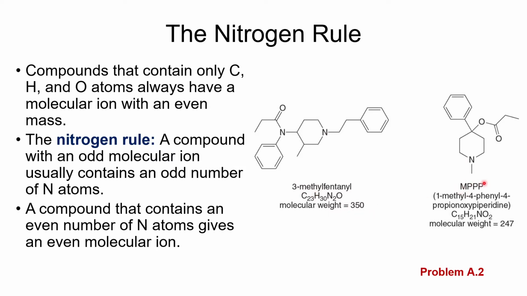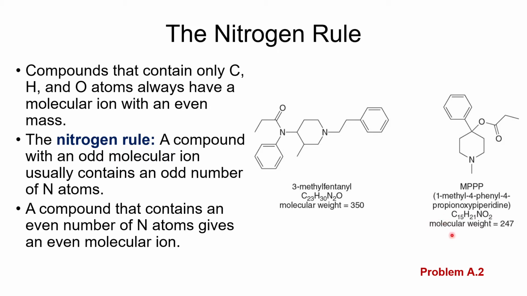This one, the MPPP, which is 1-methyl-4-phenyl-4-propionoxypiperidine, that's a lovely name, has a molecular weight of 247, and the reason that it's odd is because of that nitrogen. Test this for yourself. Go look at a few compounds that have one nitrogen in them, and if they are neutral compounds, you will see they are going to have an odd molar mass.